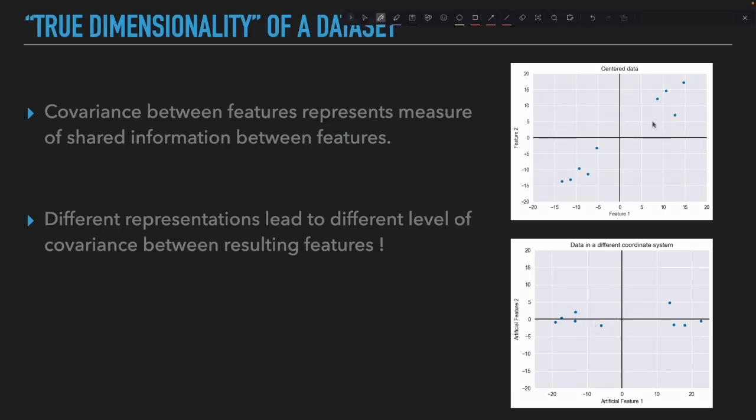Because look at this. This is the same data, the same thing represented in a different way. And you can clearly see that in this case you cannot predict what will happen with feature 2 based on feature 1, meaning that these two artificial features are not correlated.